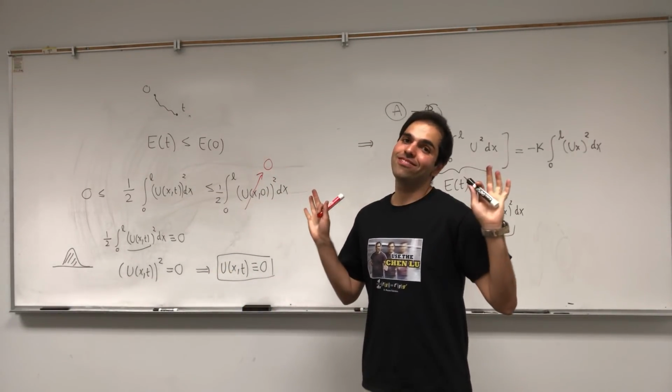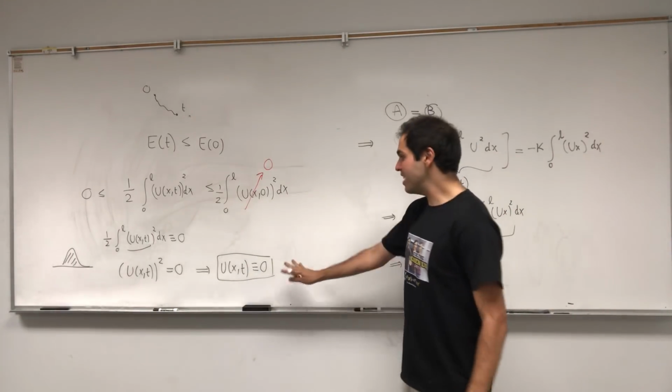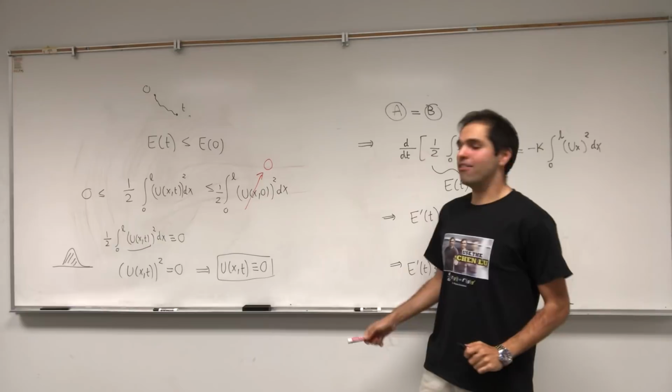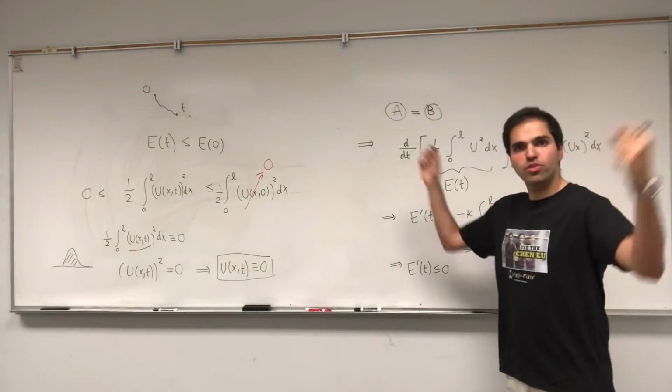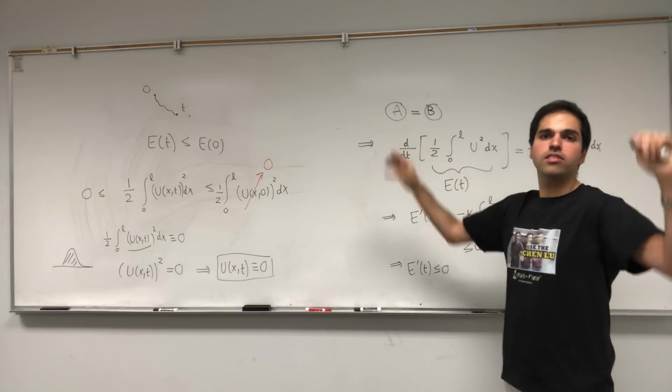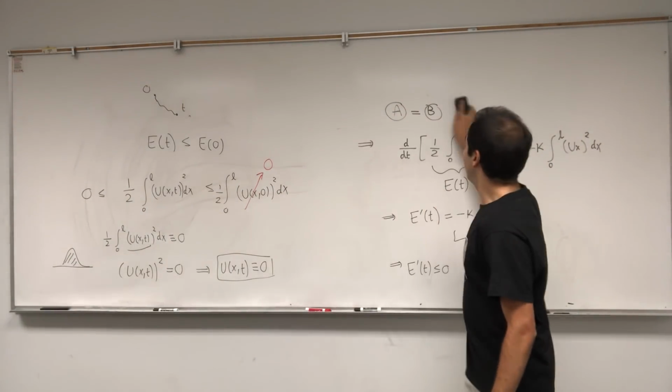Okay, well, almost everywhere, but we're assuming our function is continuous here, so indeed everywhere. And therefore, the only solution with 0 boundary conditions and 0 initial conditions must be the 0 function.